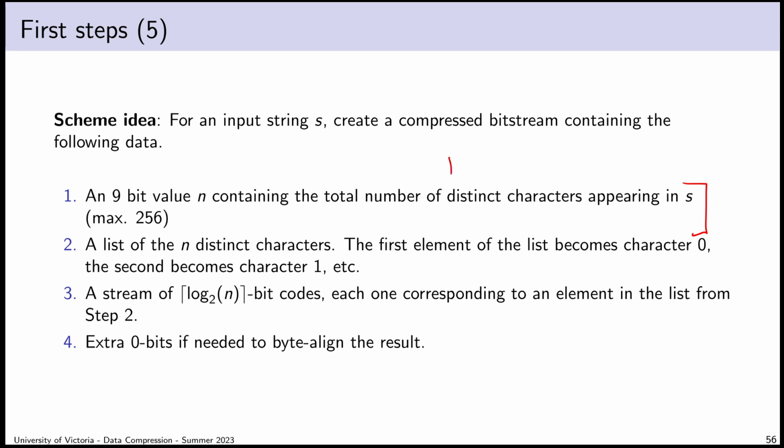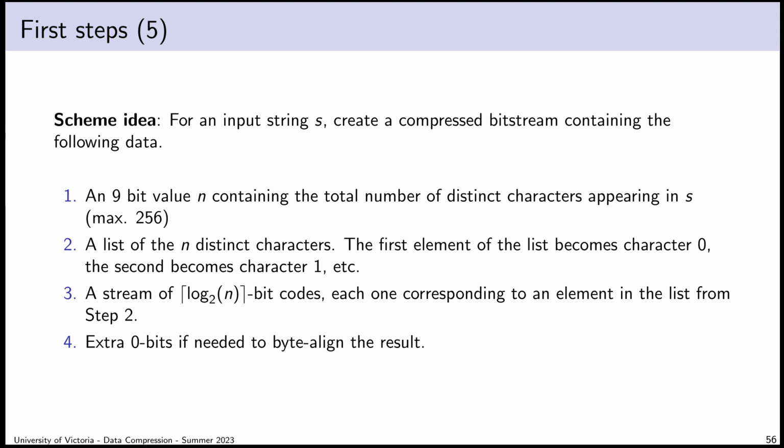So if the number is 15, then both me, the compressor, and the decompressor know that I'll use 4 bits. If the number is 28, I'll use 5 bits. If the number is 71 or 73, then I'm going to use 7 bits. So if I tell the decompressor how many characters I have, it'll be able to work out how many bits I need to use. So I'm going to store that number.